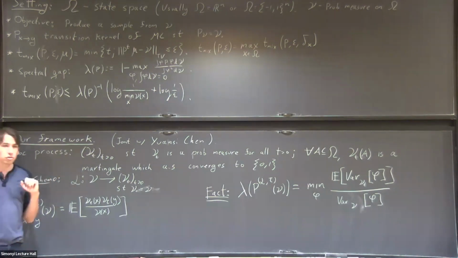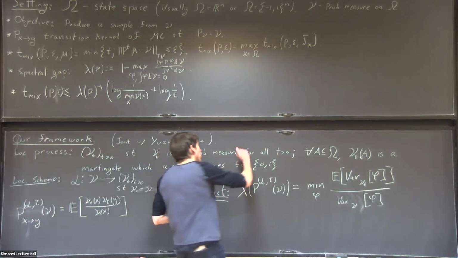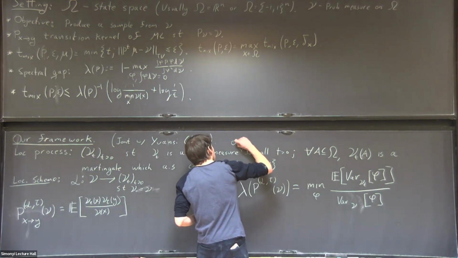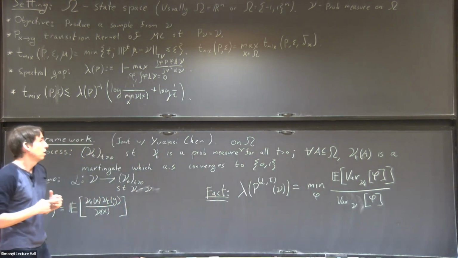What's a localization process? It's a stochastic process valued in measures. So at every time t, we have a probability measure on the same space, on omega.